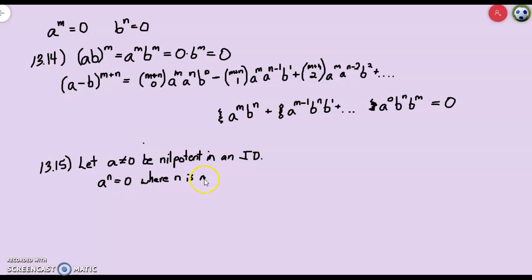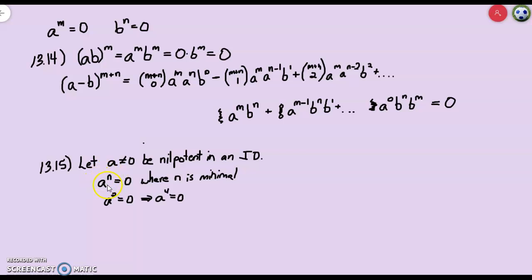I'm just going to write where n is minimal. And what I mean by that is, let's say that a squared would equal 0. Well, if that's true, then we'd also know that a to the 4th equals 0, and a to the 6th equals 0, and so on.